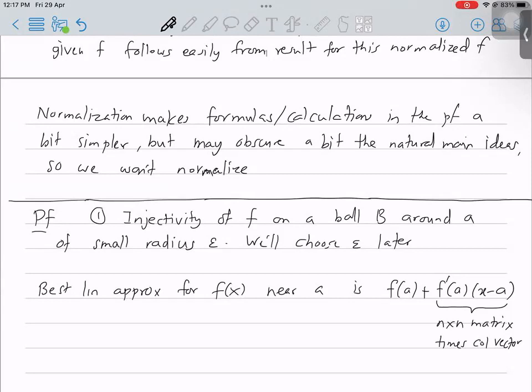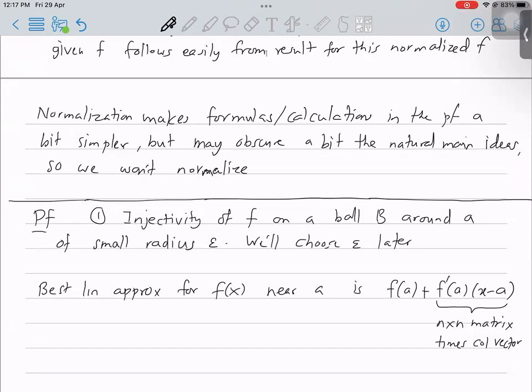So if f of x were actually equal to this, I can't say linear function, it's an affine function, right? Because I'm shifting, then multiplying by a matrix and then shifting it. So it's an affine function. But okay, the entire theorem is kind of obvious for such a function.